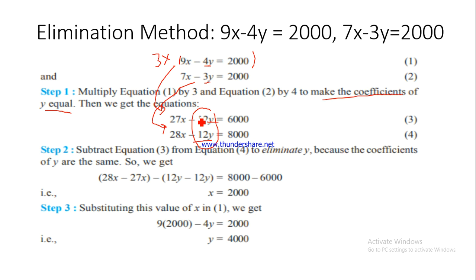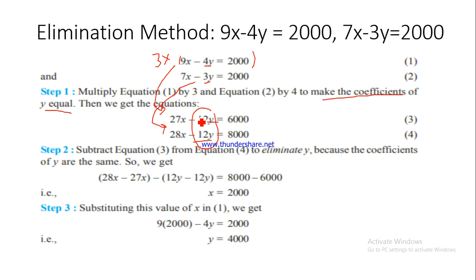On the other hand, if the signs are the same, both positive or both negative, in that case subtract one equation from the other and this will result in a 0. It is like saying when you have plus 3 and plus 3, you subtract one from the other, you will get a 0. On the other hand, if you have a plus 3 and minus 3, you will have to add them up to get a 0.